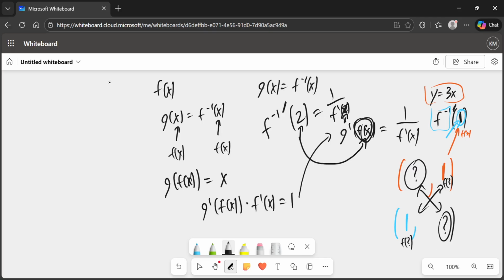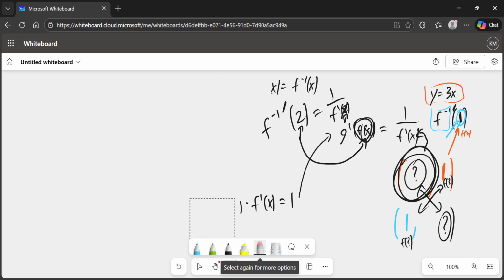And this is what you actually use for this 1 over f prime of x. Does that make sense? And we can do an actual concrete problem so that it makes full sense. But so far, are there any questions? Okay, cool.